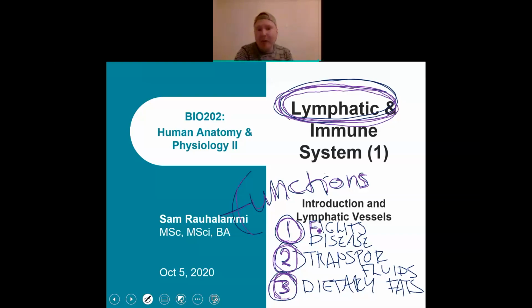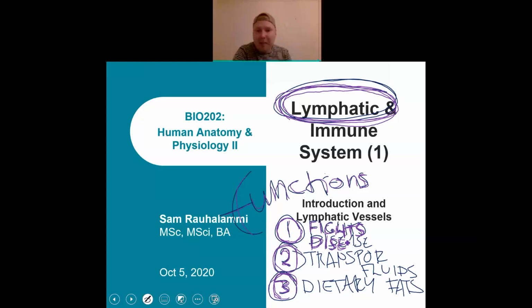That's a cue for you that this is probably going to be important content for this chapter to take away. This really applies for both systems, but if we look especially at the lymphatic system, probably the most important of these functions is fighting against various diseases.